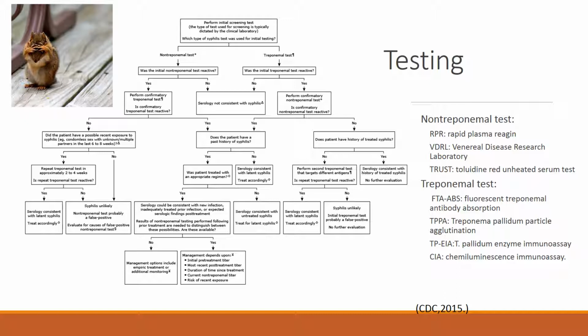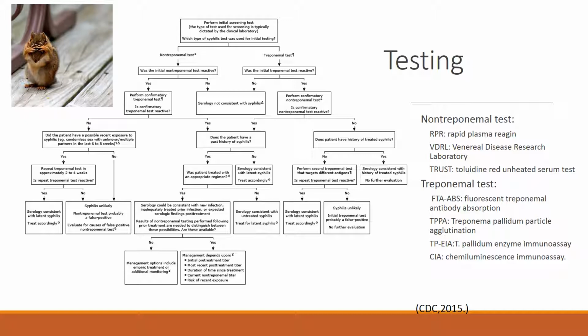And I think the biggest challenge for clinicians who don't see this a lot is that, oh my gosh, the RPR test is positive and you just want to rush to treatment. And that would be a little bit too quick.